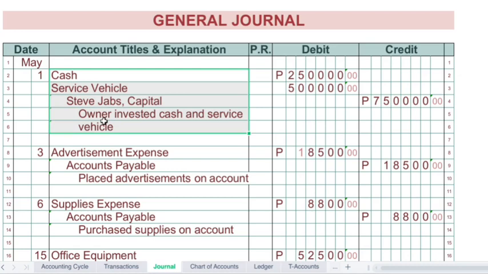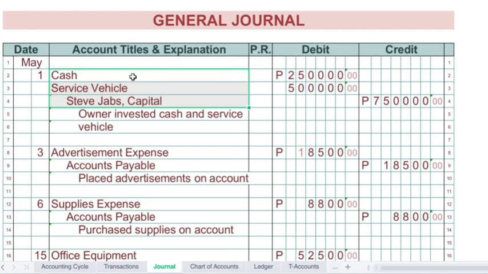So, meron tayong two types of journal entry. So, the first one is simple entry, simple journal entry. Yun ay kung meron lang dalawang accounts na affected. Okay? So, that is simple journal entry or simple entry. Pag tatlo na or 3 or more, okay, ang tawag na natin dyan ay compound entry.